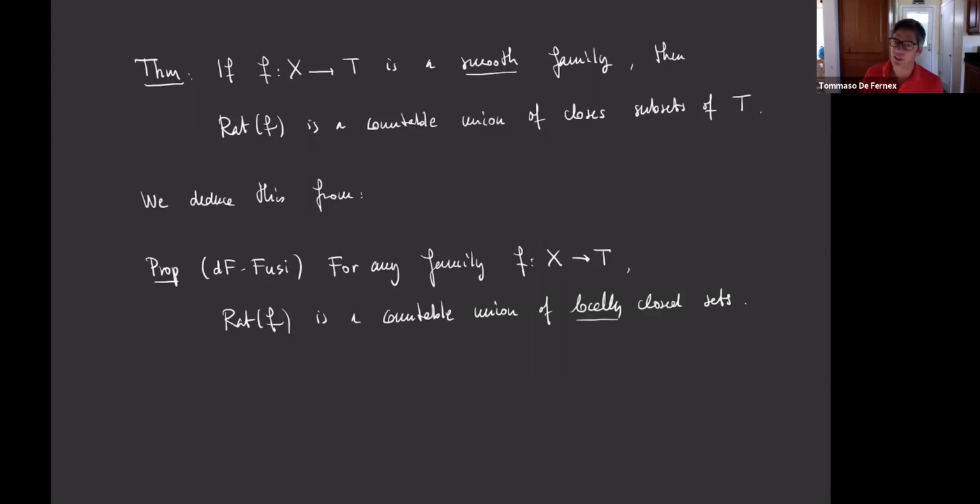What is missing in order to get the theorem is to show that if the family is smooth, and I take a degeneration of rational varieties whose limit is a smooth variety, then the limit is also rational. This is a theorem due to Kontsevich and Tschinkel.